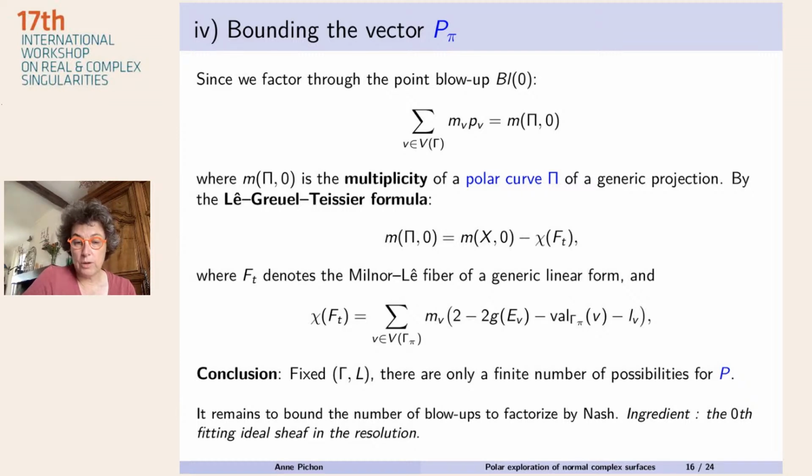And now the remaining part of the proof consists in bounding the number of blow-ups to factorize by the Nash transform. And I won't finish that proof because it is fairly technical. It uses Kähler differentials on X, and in particular, the zeroth Fitting ideal sheaf in the resolution.